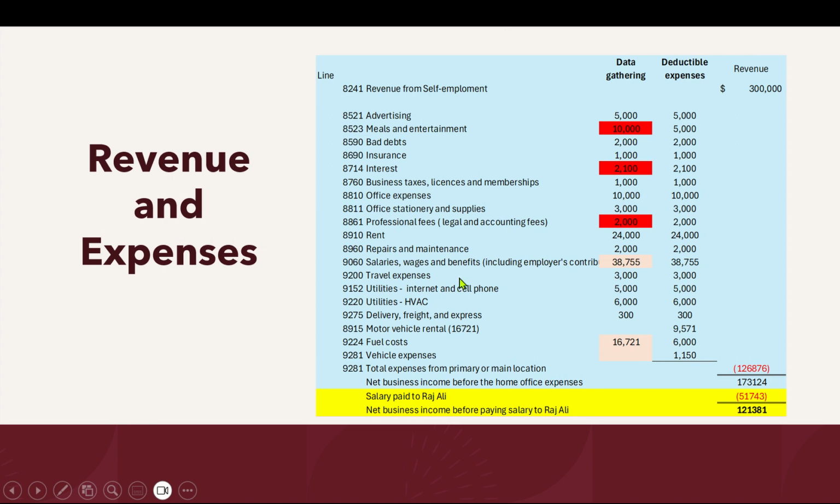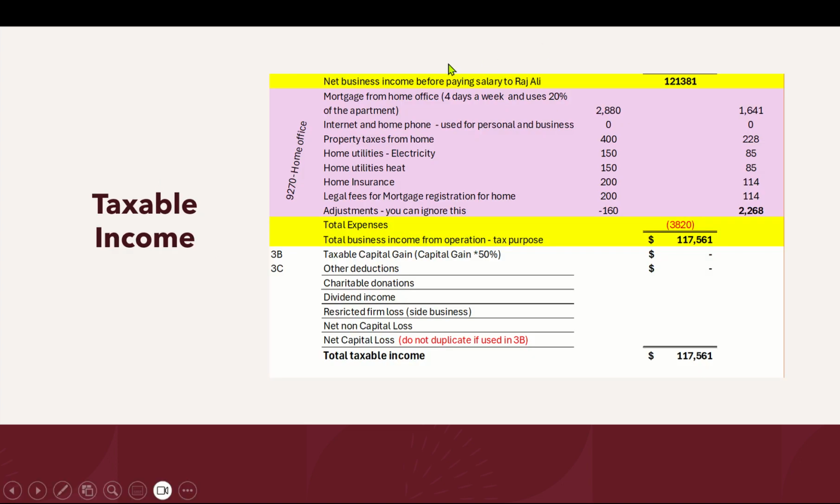Okay, I'll show that to you in a few minutes. And this is his home office. He could write this off, and he could claim that as a deductible expense. And this is his.